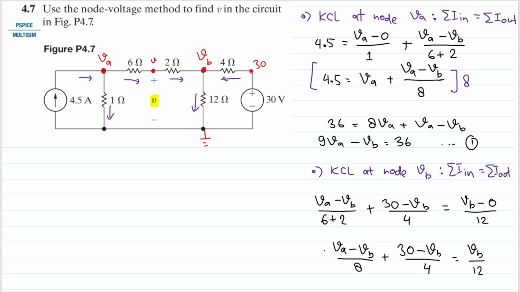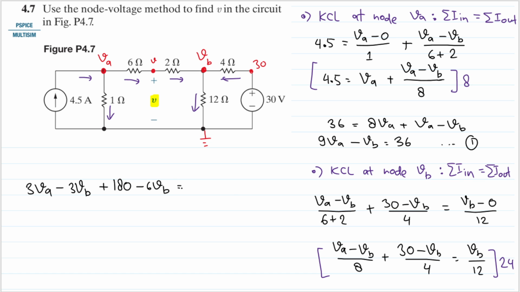I think we can multiply both sides by 24 to get rid of the denominator. Okay, 8 and 24 will cancel into 3. So we will have 3 VA minus 3 VB, and then plus 4 and 24 will cancel into 6. So I will have 180, and then minus 6 VB, and then 12 and 24 will cancel into 2.